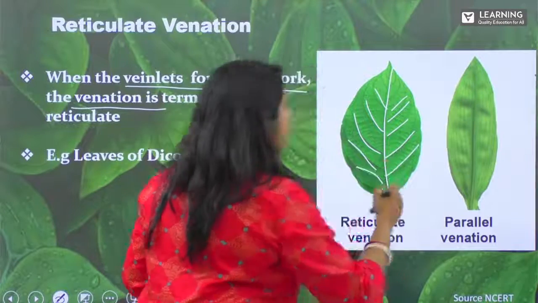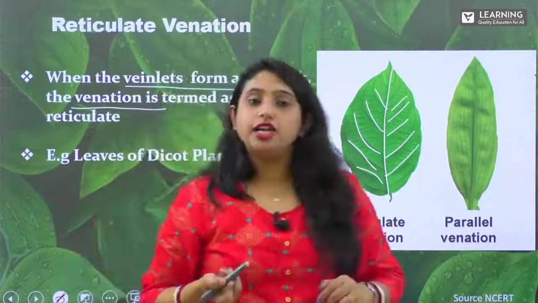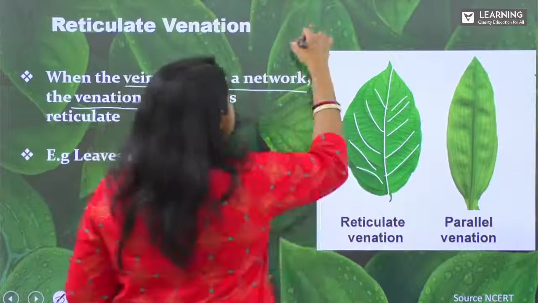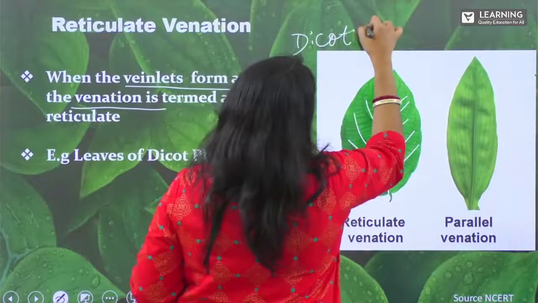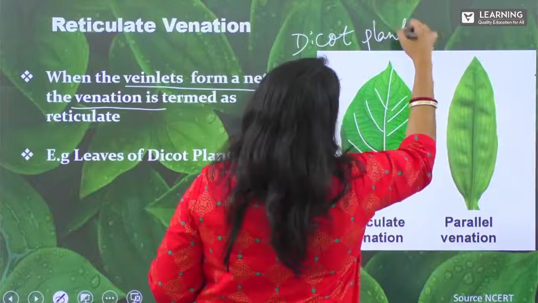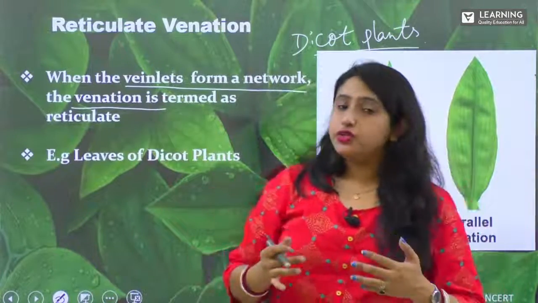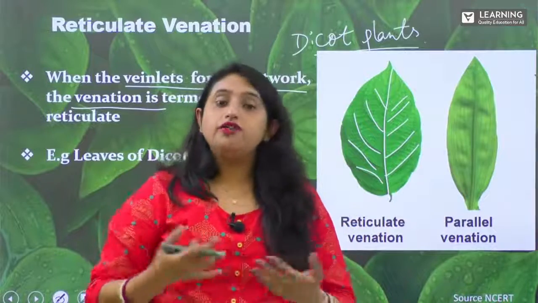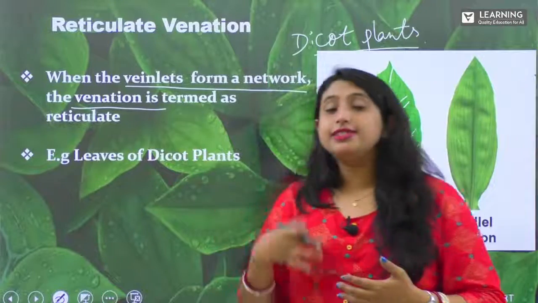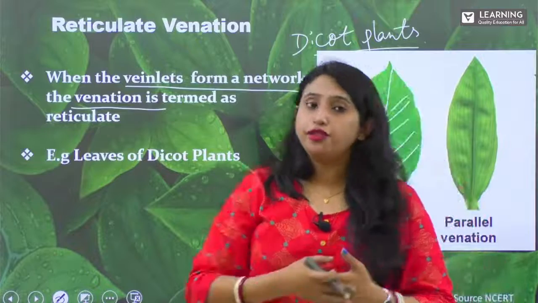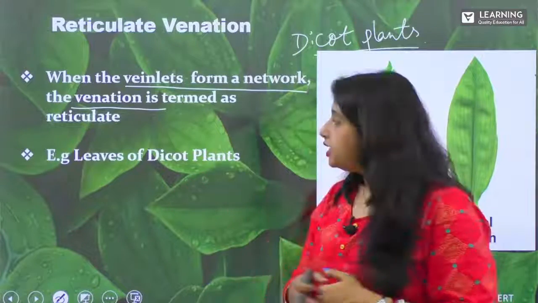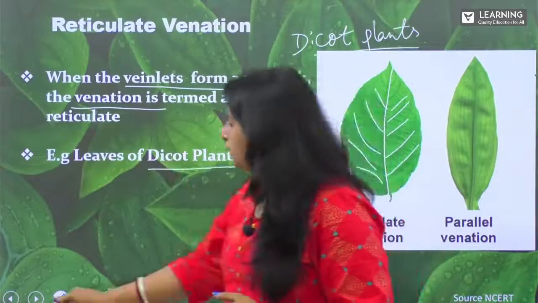So, this type of venation you will see in dicot plants, like China rose and mango. That is, their veins are arranged in the form of networks. Is that clear? So, leaves of dicot plants.